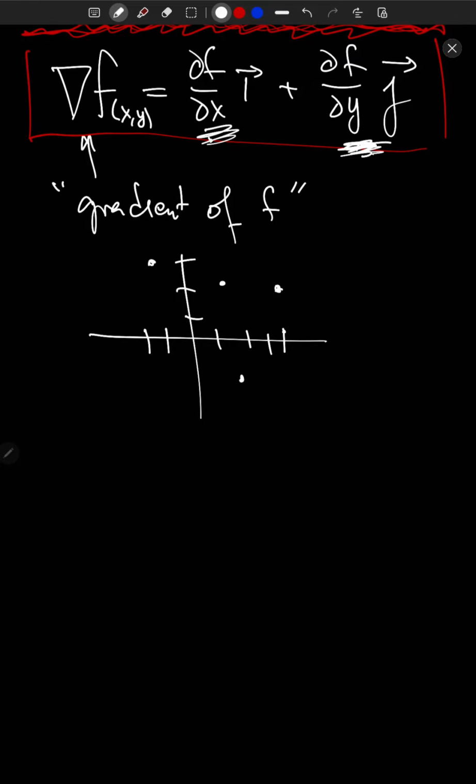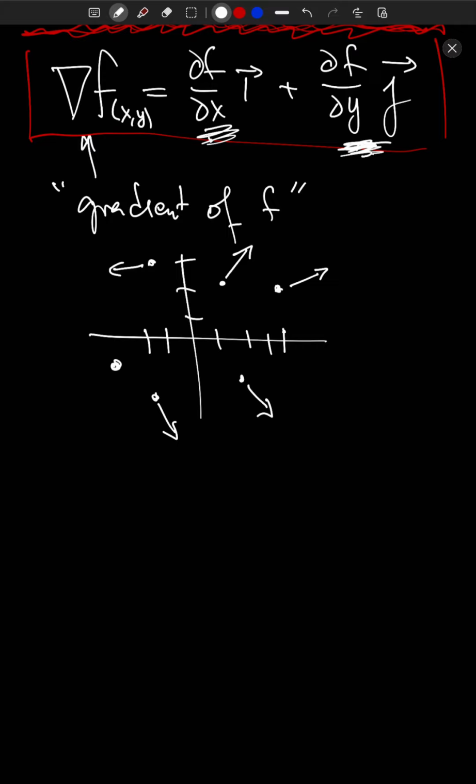So in particular, if we had a function, perhaps gradient f would be pointing in that direction here, might be pointing in that direction here, and that direction here. It could be 0 right there, perfectly legal. The 0 vector is a perfectly legal thing. And maybe gradient f is pointing in that direction there.